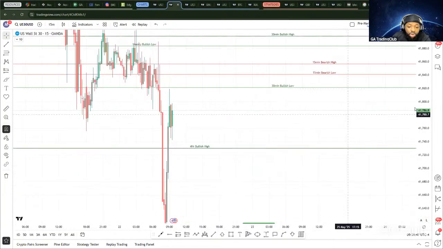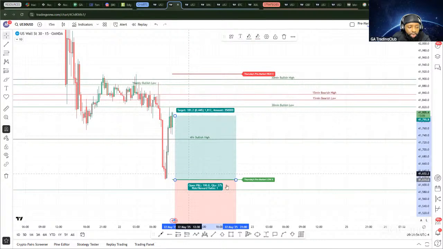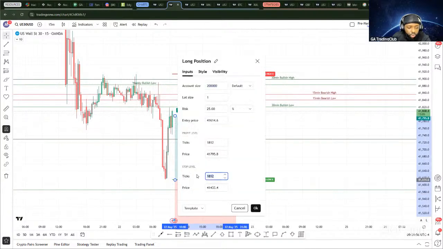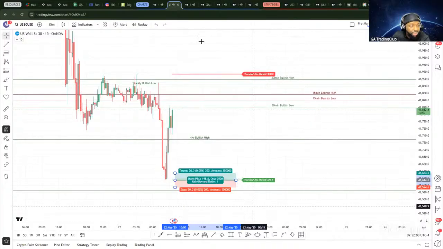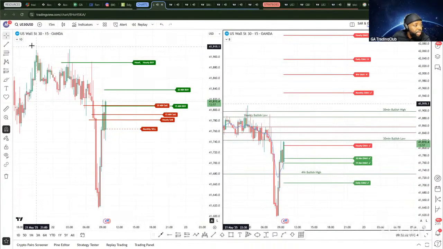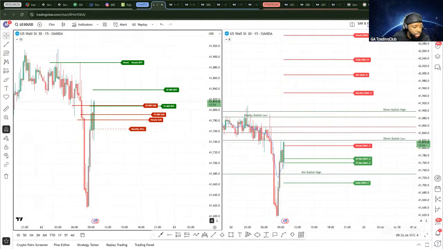In any case, I would look to take the pre-market low for today because we even have a bullish order block at the bottom here. So I will mark up, and I think we also have a buy SAR on the 30 minutes. So looking to take a sell here on US 30.